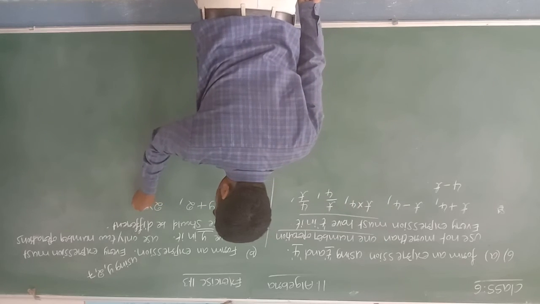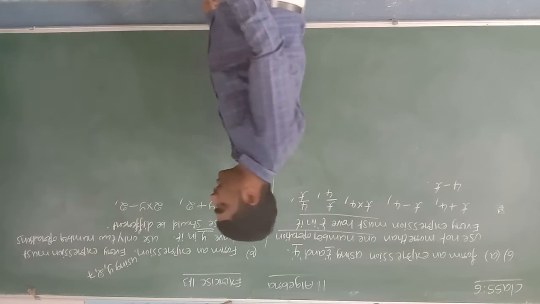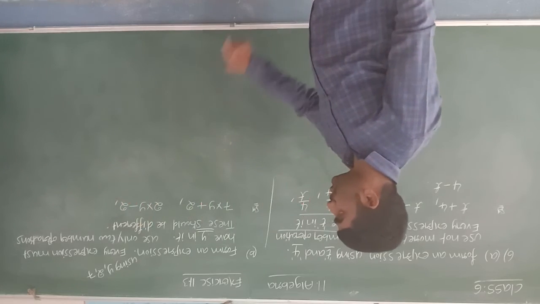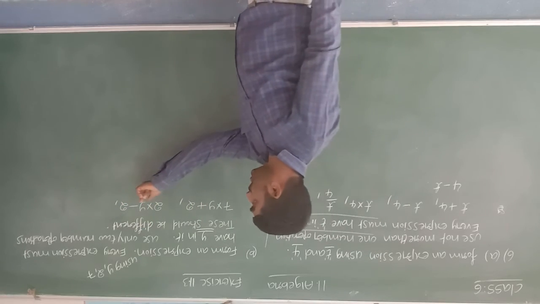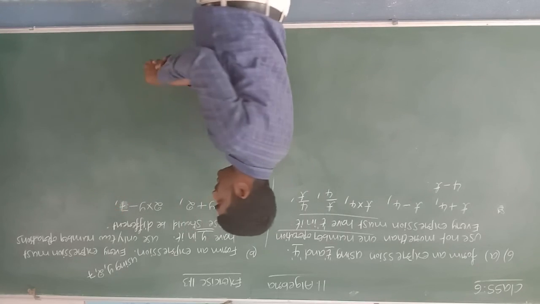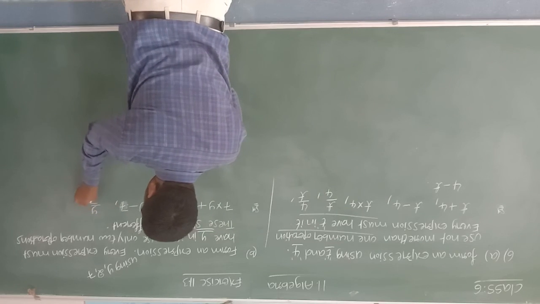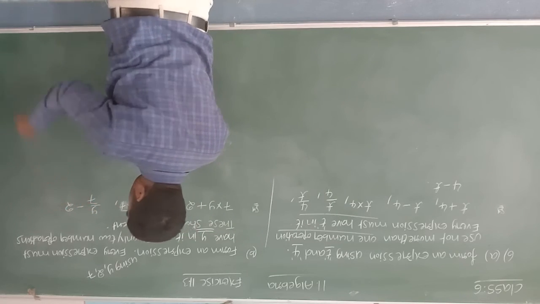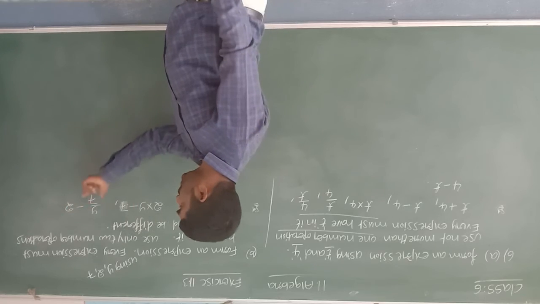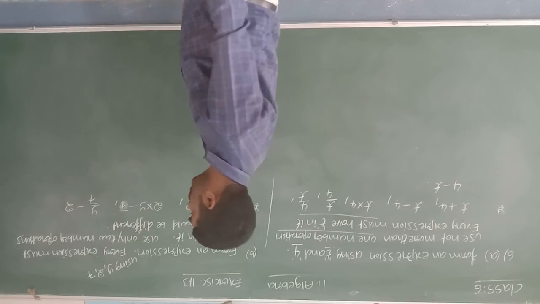I can write 2 into y minus 7. It is an expression formed by 2 operations which also contains y. Next I can write y by 7 minus 2. Here I took 2 different operations, division and minus, and it also contains y.